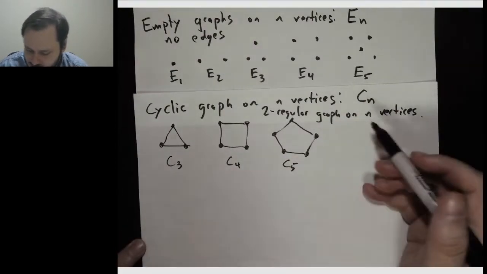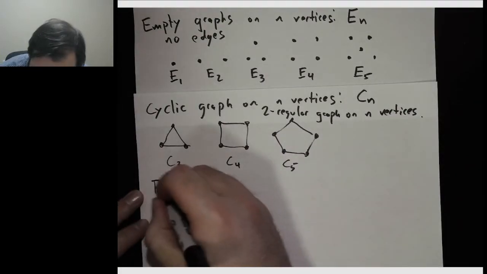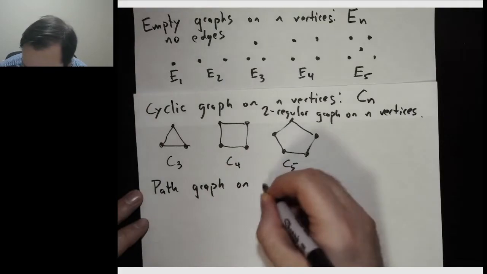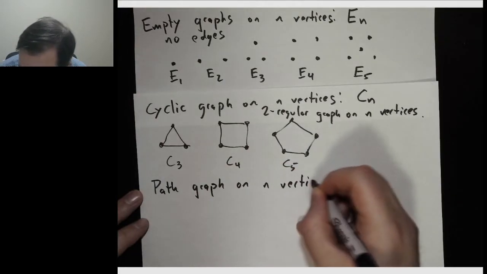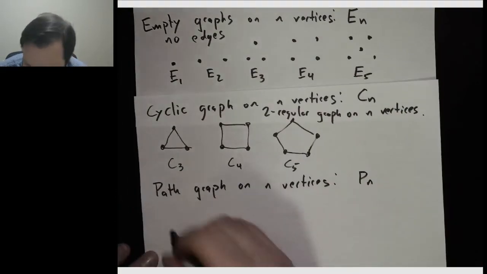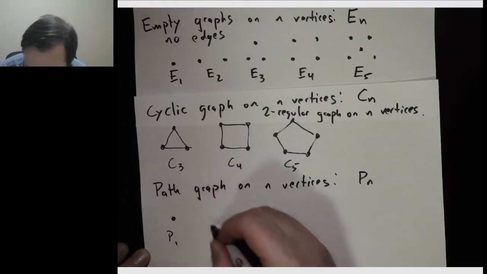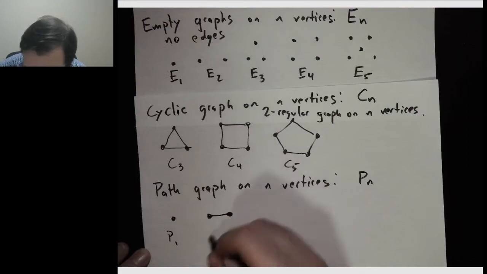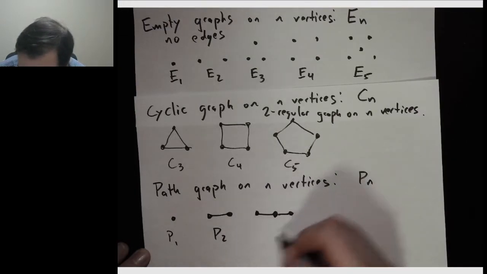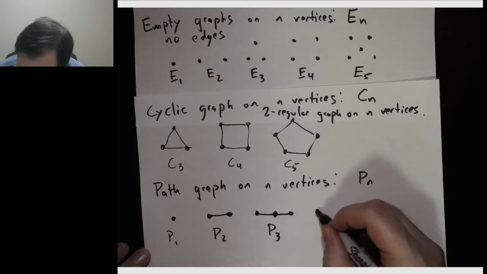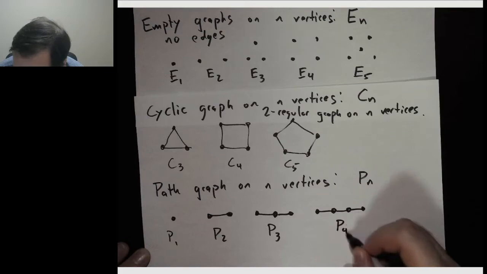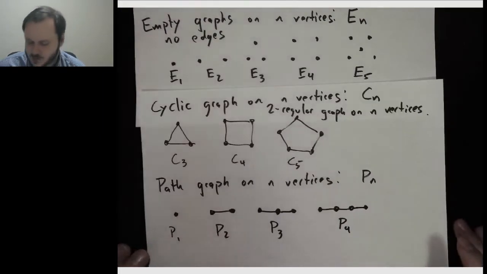And then very similar to the cycles are the paths. The path graph on n vertices, which we call Pn. Here I have no problem with the smaller ones. Here's P1, P2, P3, P4, and P5, and so on.